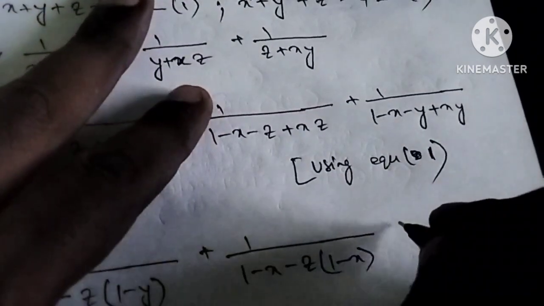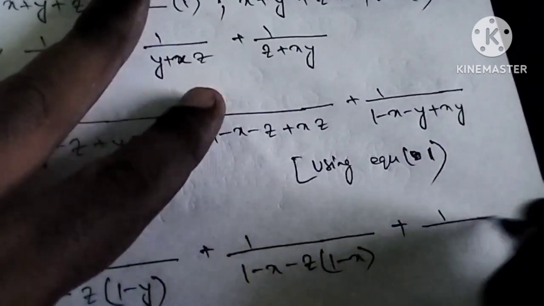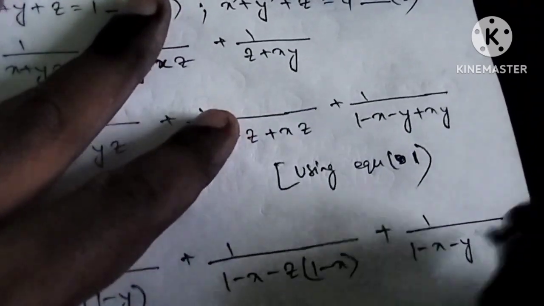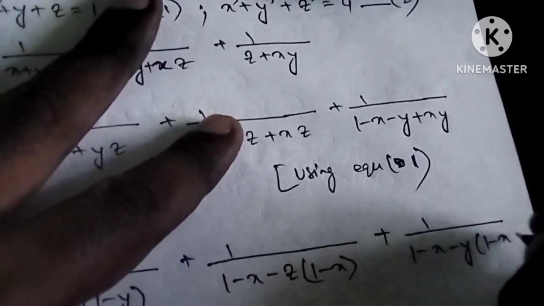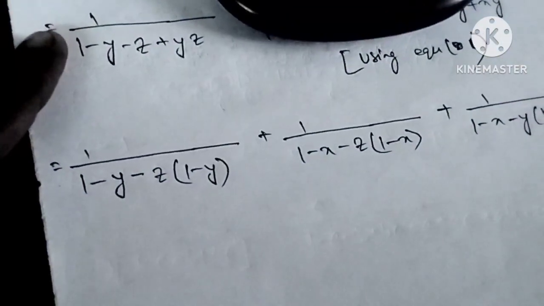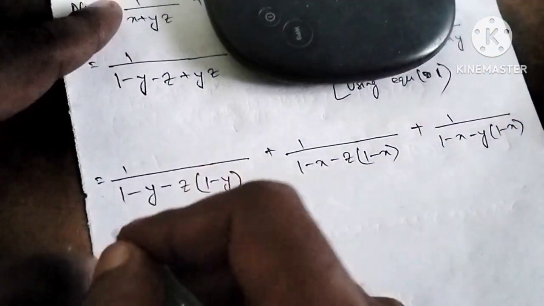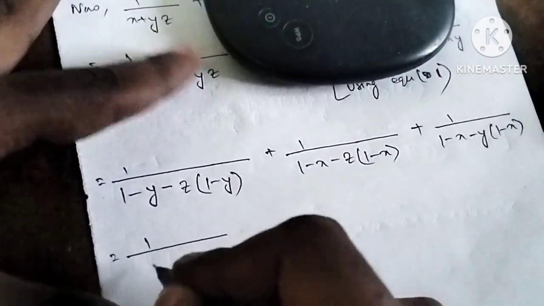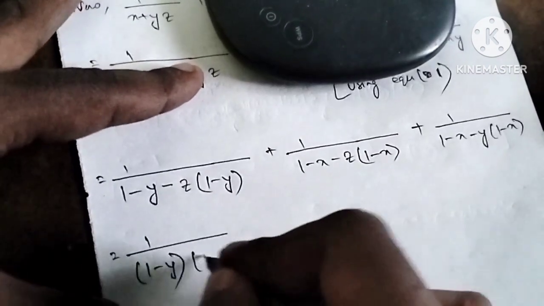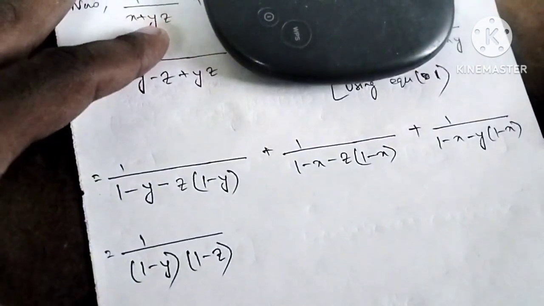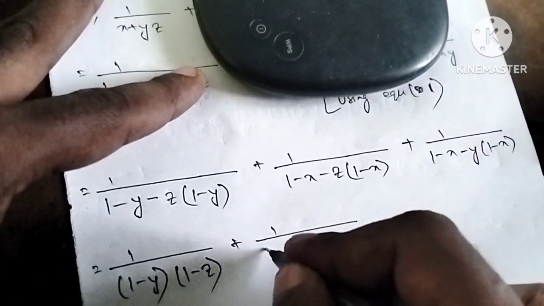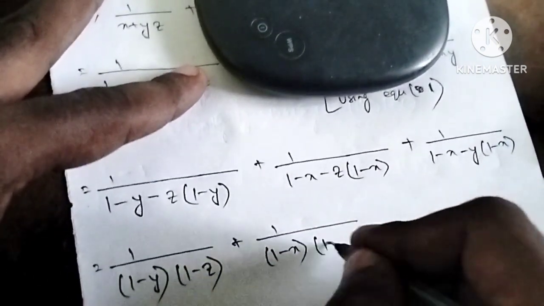Here also 1 by 1 minus x minus y plus xy, I can take common 1 minus x. So in the next step, 1 by 1 minus y, I can take common, 1 minus z. Clear? Plus 1 by, here 1 minus x, I can take common, 1 minus z.